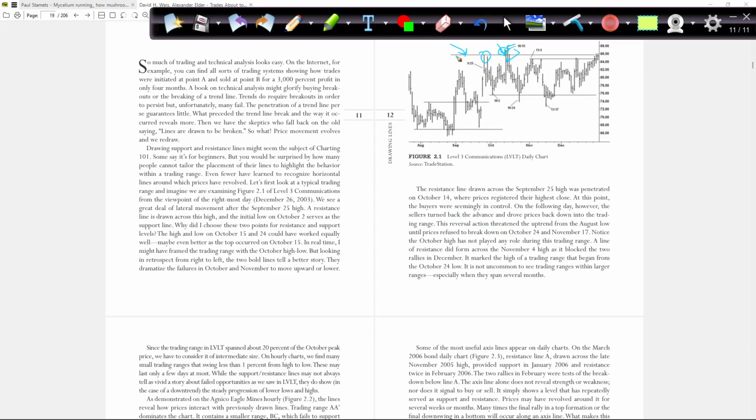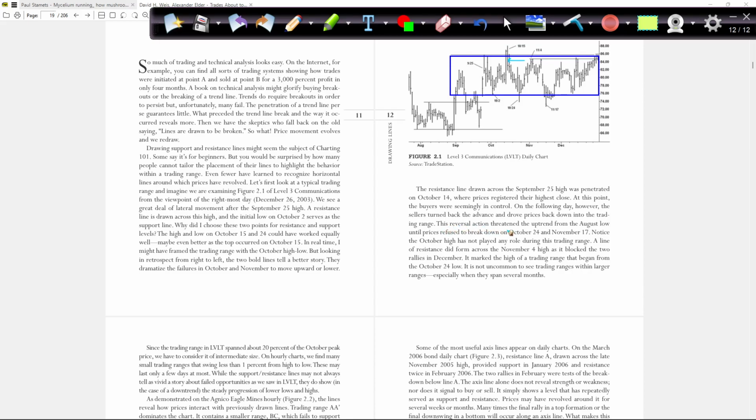This is our trading range, our trading area between support and resistance. Draw a rectangle. So we see that it did close below the trading range.